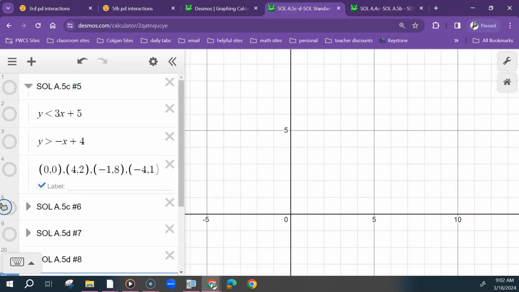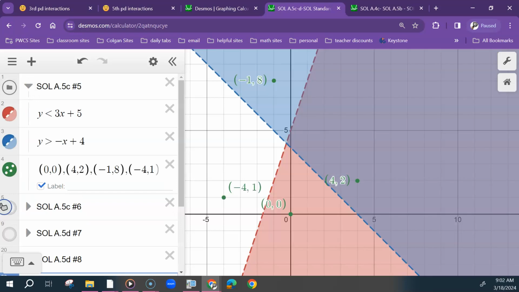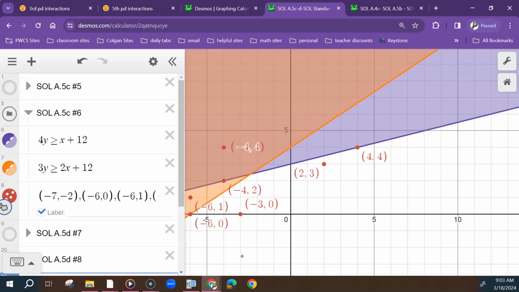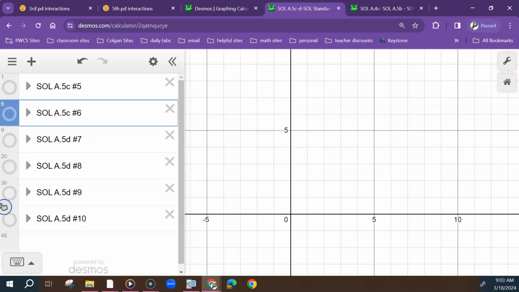For your systems of inequalities, put those in, put the points in, look at does the point fall in the overlapping shaded area, and that will tell you if it is or is not a solution. Even if you have a bunch of points, if it falls on the line and it's solid, that would be a point. If it fell on the line in the overlapping but was dashed, it would not be. And I think all the other ones are the same.